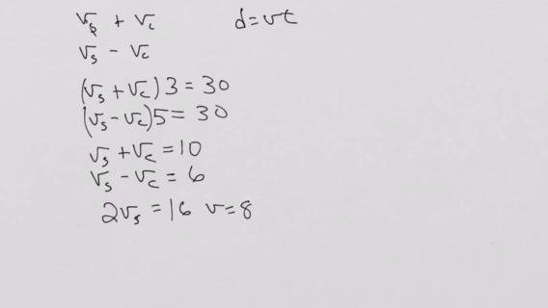And when I plug that up here, I can see I need V sub s plus V sub c to equal 10. And if V sub s equals 8, then V sub c has to equal 2. And that was the question: what's the velocity of the current?